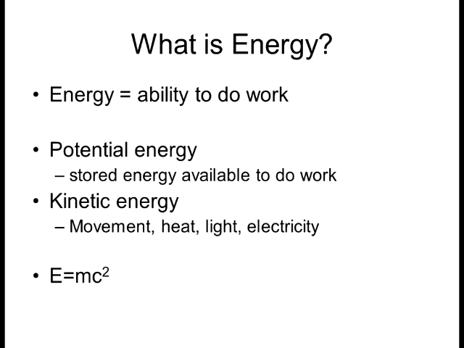Now there's other types of particles that exist in nature. Heat, light, electricity. This deals with different manifestations of subatomic particles within atoms, or the actual electrons themselves. So light is photons of energy.